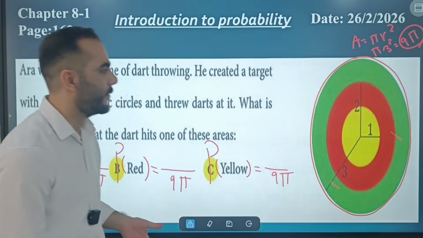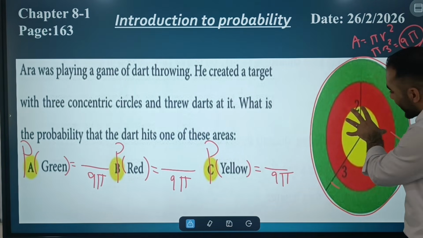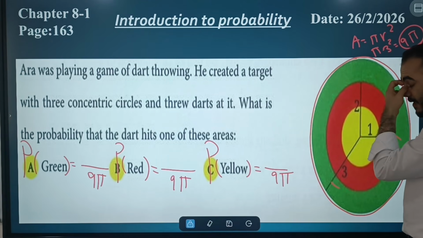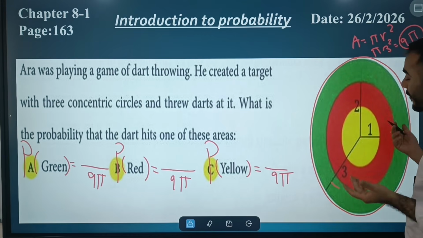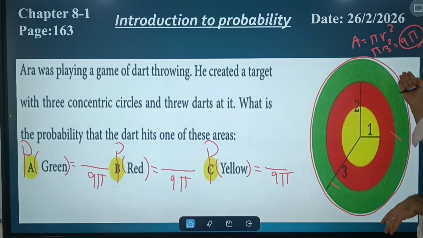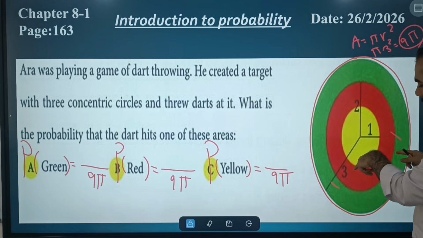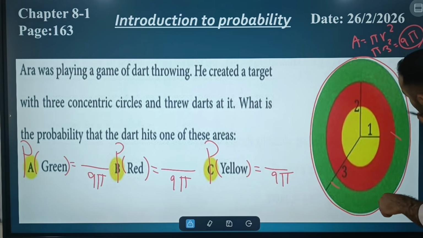9 pi. But now the question is, what is the area of the green circle? If you want to get the green area, we need to take out this part, which is the red circle. It includes the yellow one as well. So how are we going to do it? The area of the green one starts the same as the area of the board, which has the same radius.